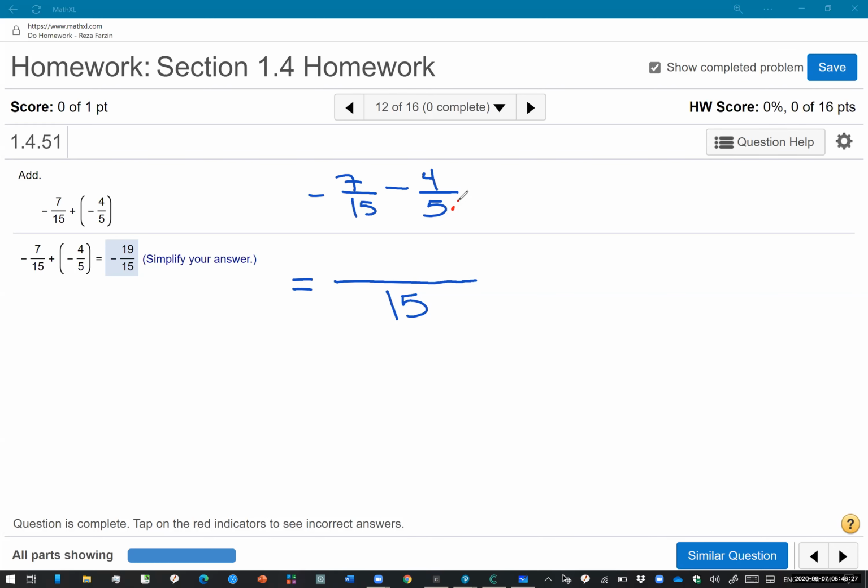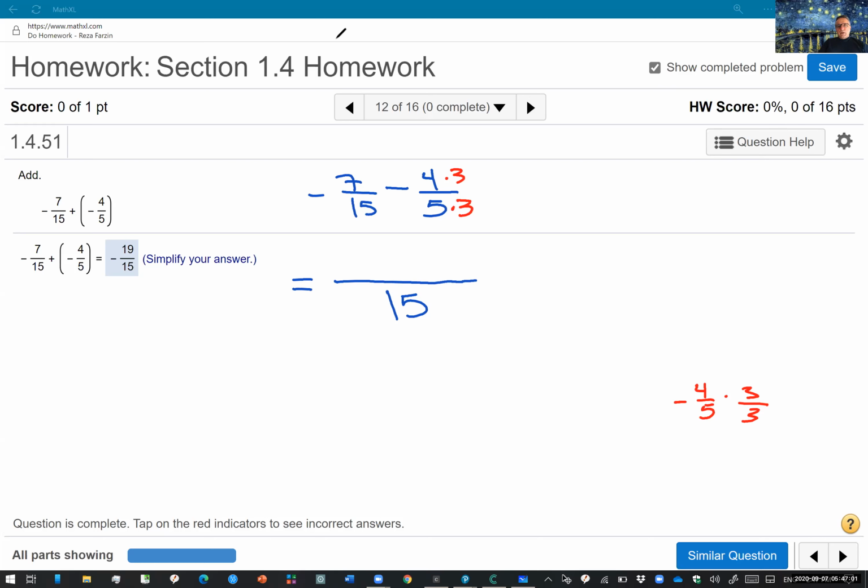By 3, so make sure you multiply the top by 3 as well. Or you can think of it as multiplying negative 4/5 by 3/3. Same thing. Or you can just think of it as multiplying the denominator and the numerator each by 3.